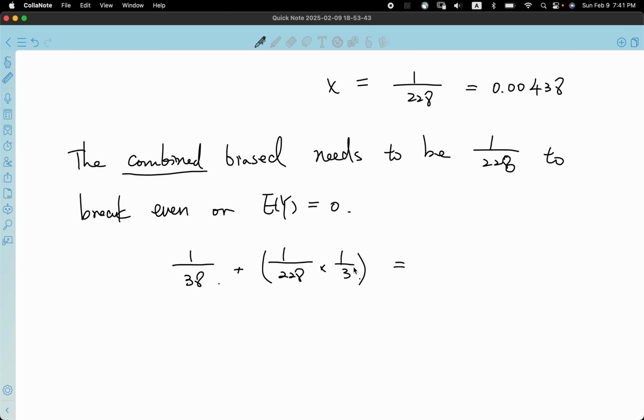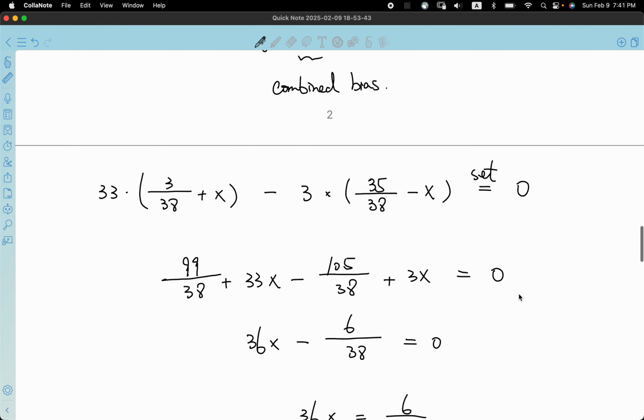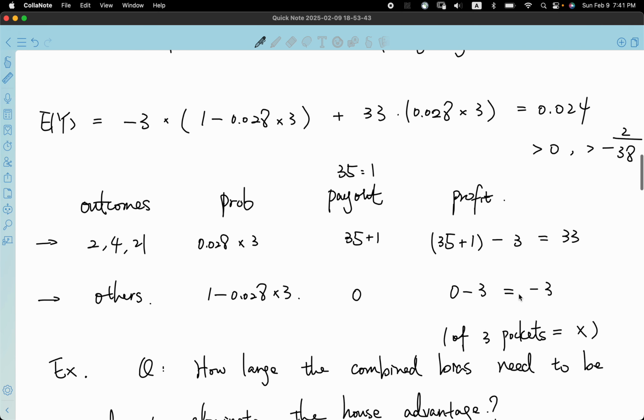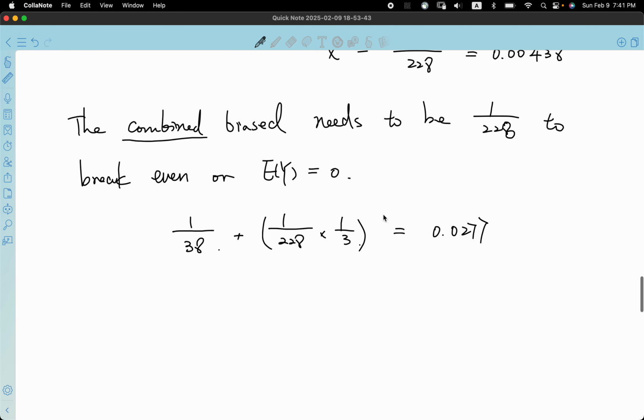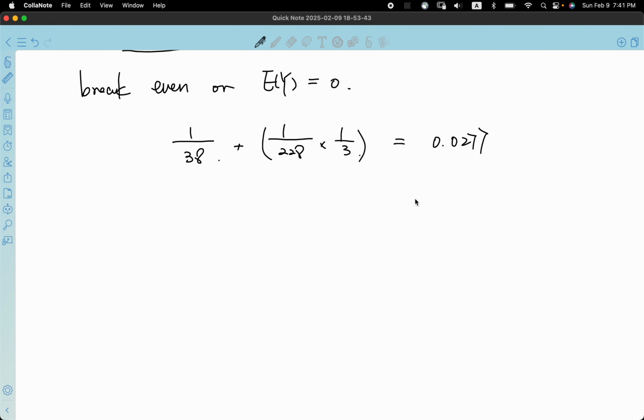And this should be equal to about 0.0277. And for the 1 over 38, 0.0263. So this is greater than 0.0263. Of course, because you are adding some positive number to the 1 over 38, so you're definitely going to be greater than 1 over 38.